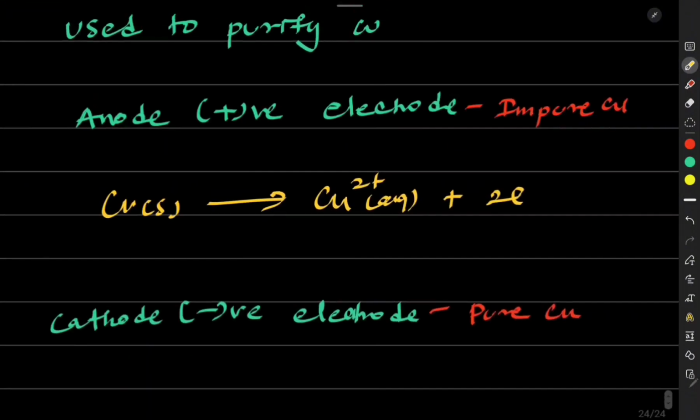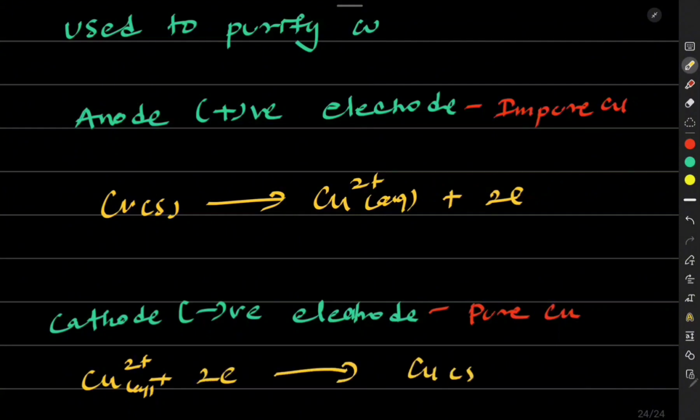Here at the cathode, where reduction occurs, Cu2+ aqueous plus 2 electrons form copper solid. Here oxidation occurs at the anode. Here at the cathode, reduction.